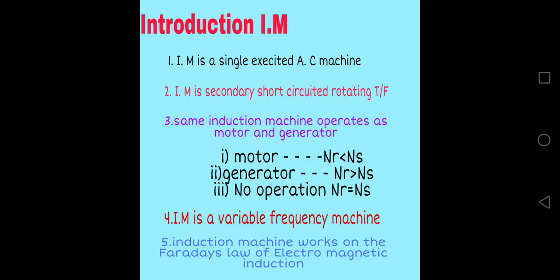Now coming to the second, the generator. When the rotor speed is greater than the stator flux speed or rotating magnetic field speed, then it acts as a generator. No operation means when the rotor speed and the stator flux speed are the same, then there is no operation.